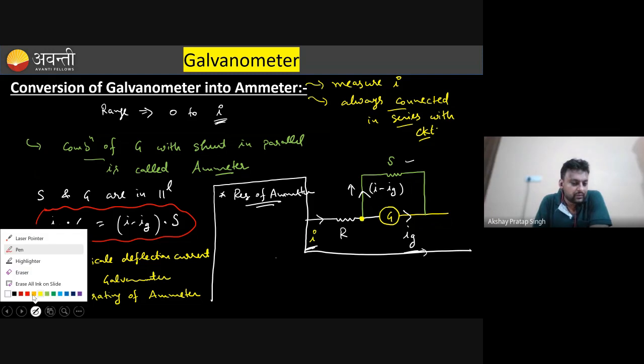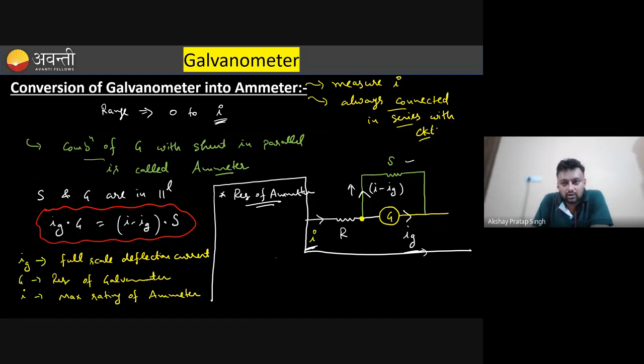If you look closely, the ammeter is a combination of shunt and galvanometer. Is it clear? Shunt and galvanometer, it is the combination.